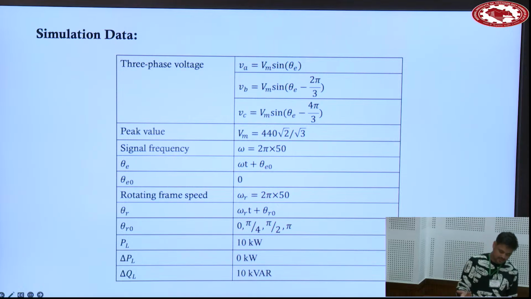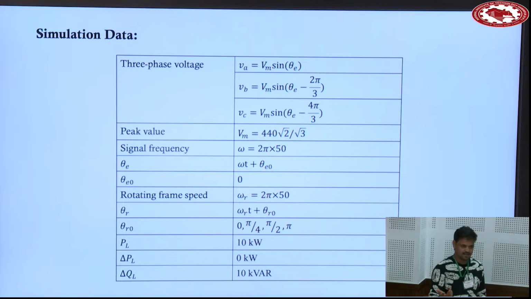So this is the simulation data. Three voltage signals are there, three phase. The peak value is going to be 440 by root 3, which is the phase voltage, times root 2. Omega is obviously 2 pi into 50. Theta E naught I am assuming to be 0, and the rotating speed is the same, synchronous speed, and theta R naught I will change.